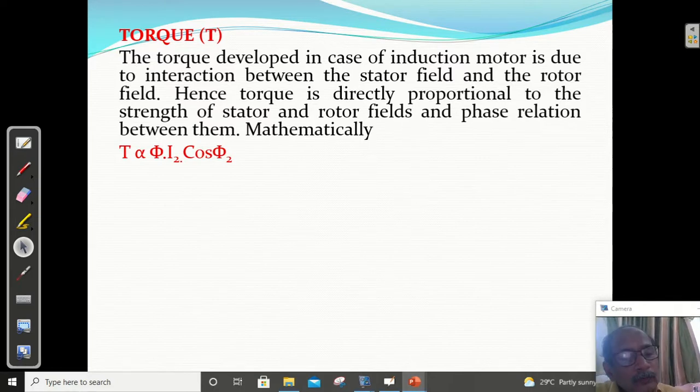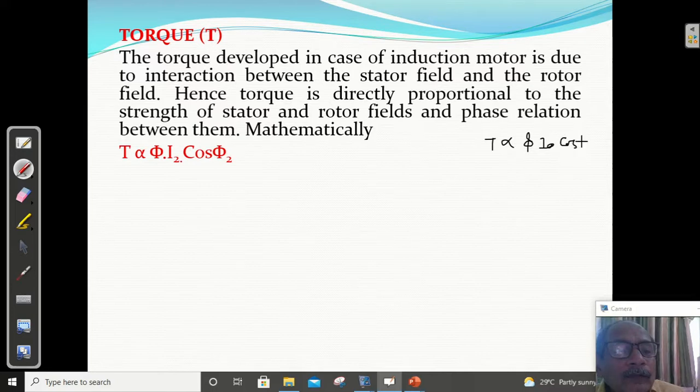Now similar to the DC motor, we have studied the DC machine. In a DC motor, torque was proportional to flux into armature current into cos phi, that is cos 0, because cos 0 is 1. So torque was proportional to flux into Ia.